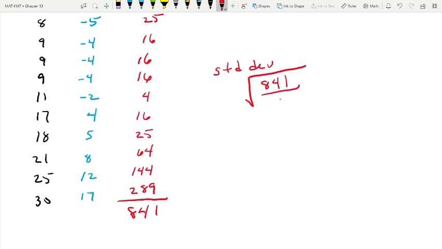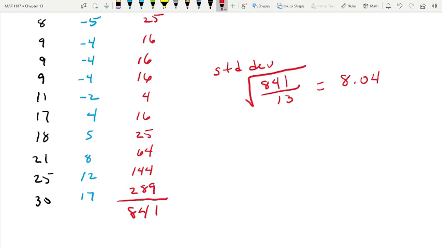In this case, that number was 13. And so this number comes out to be 8.04. So my standard deviation here basically is 8. Right?